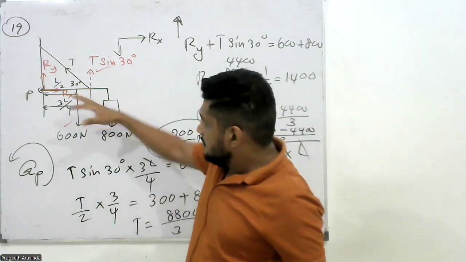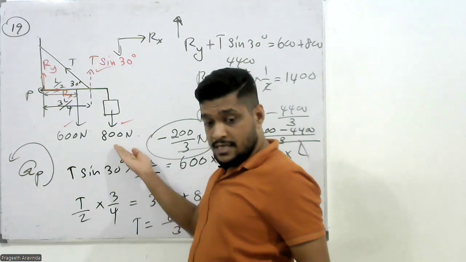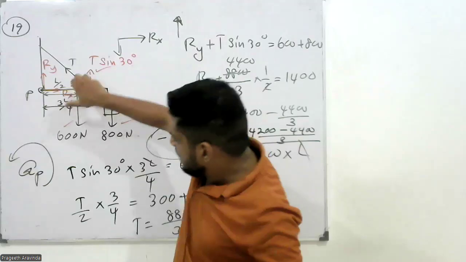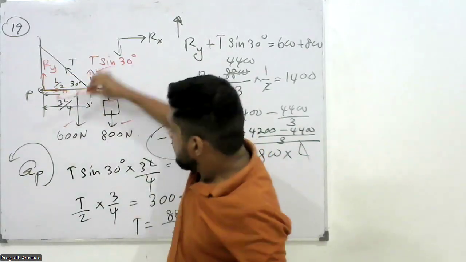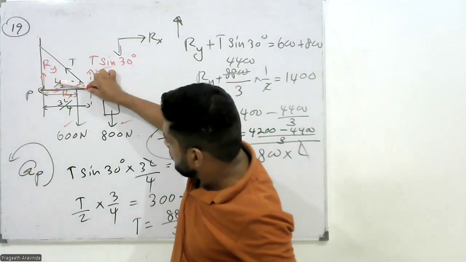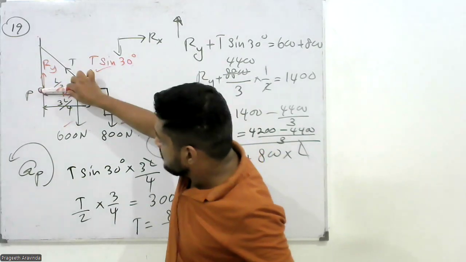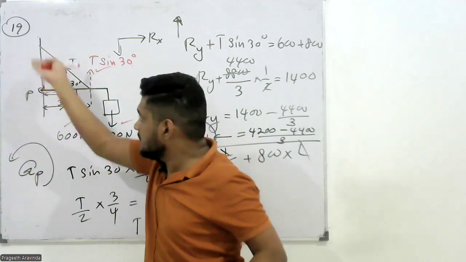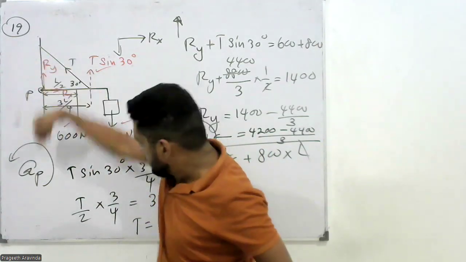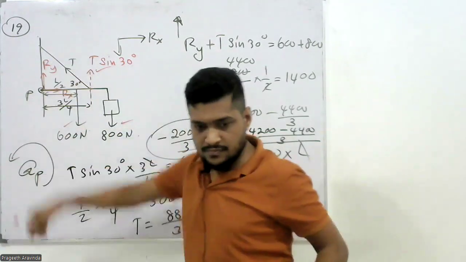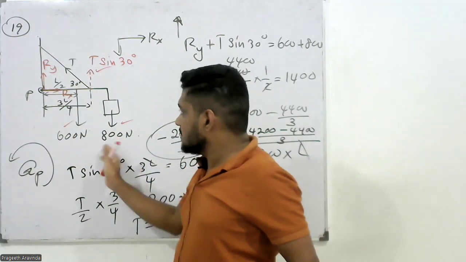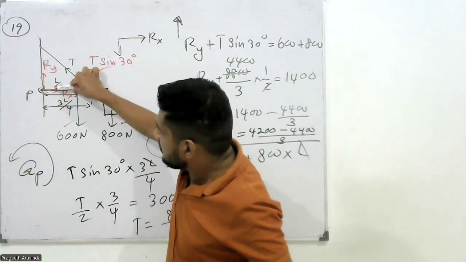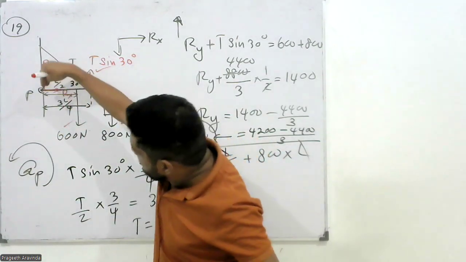As you can see, here we have a mass of 800 newton force. The rod twists like this. When that happens, this joint pushes against the upper wall of the joint. If these weights are shifted this way, the rod will twist this way and it pushes downward.